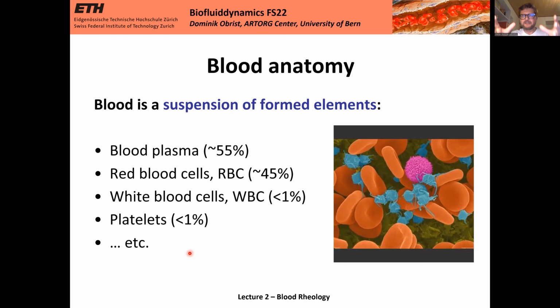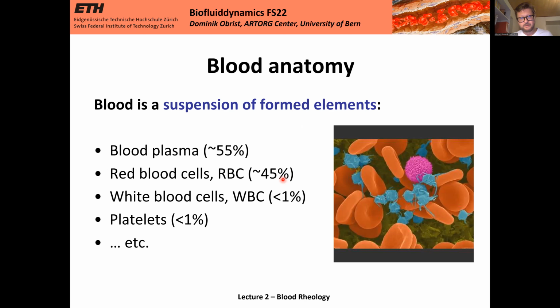The base fluid is called the plasma, blood plasma, roughly 55% of it. The majority of the blood particles are red blood cells, roughly 45%. Depends a bit on the particular individual we're looking at, can go up or can go down.